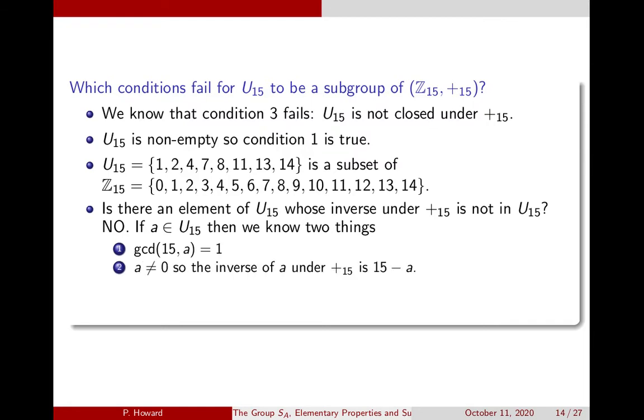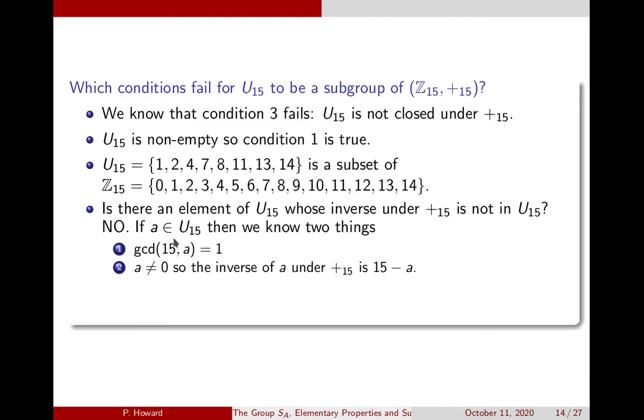And we know that a is not 0. So that tells us that the inverse of a under plus sub 15 is 15 minus a. I'm really referring back to a previous set of slides where we found the inverse of plus sub n, for n an integer greater than 2. For non-zero a's, the inverse of a under plus sub 15 is 15 minus a.